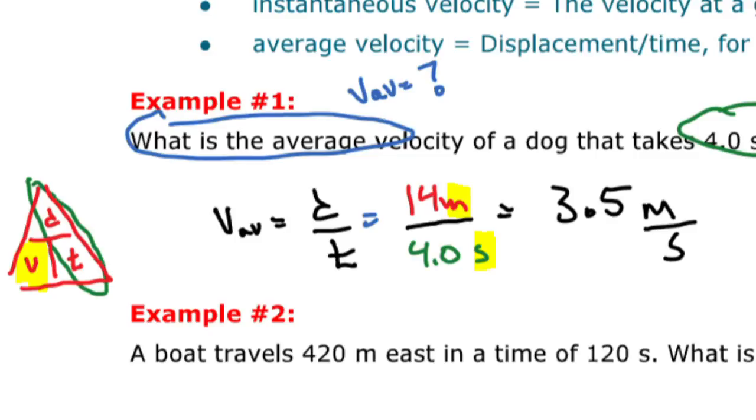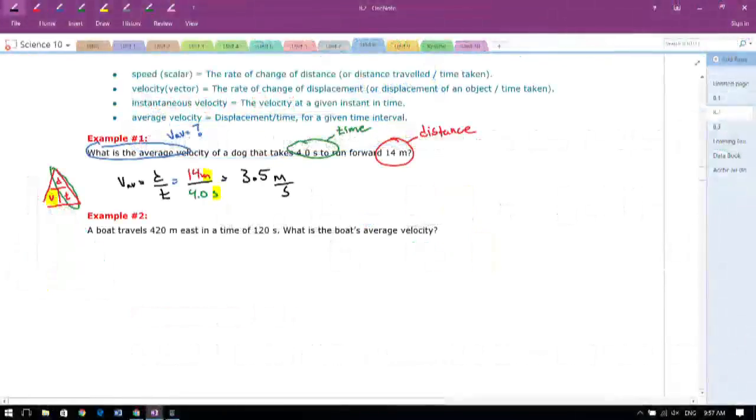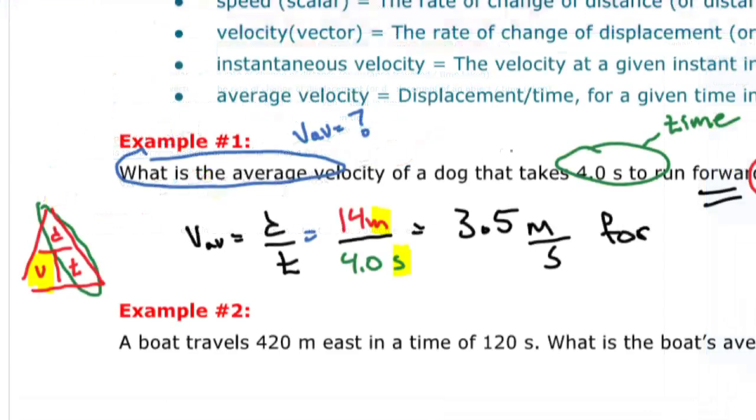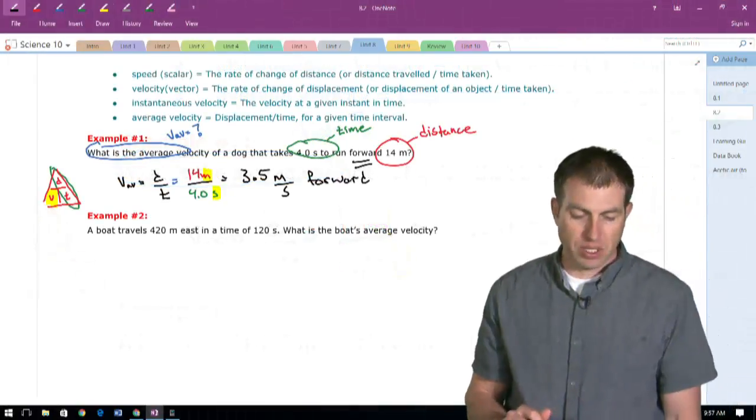If we reread the question, it says 4.0 seconds to run forward 14 meters. So I can include forward as my direction: 3.5 meters per second forward.